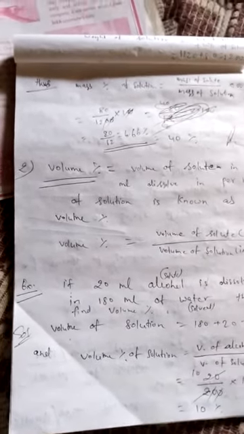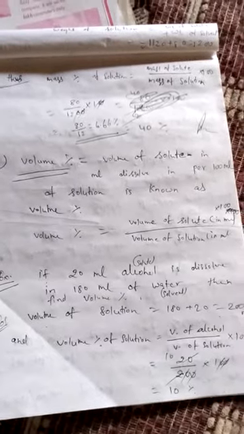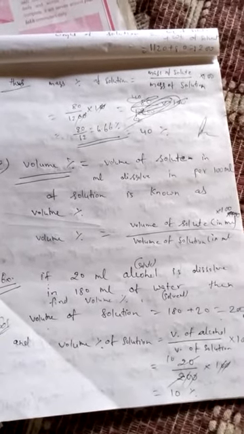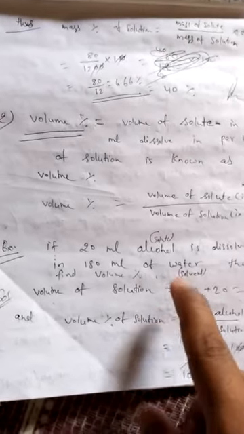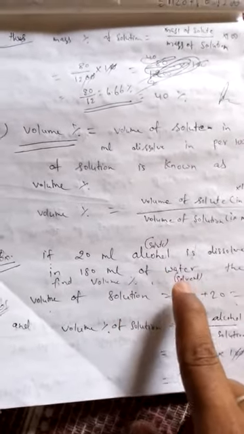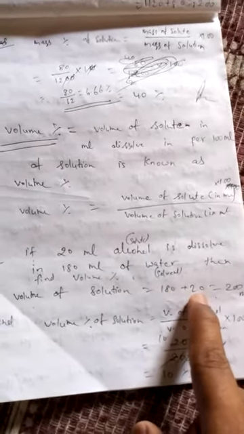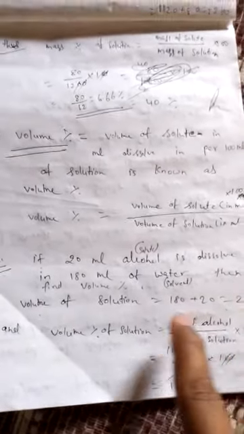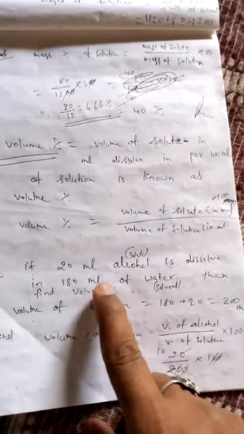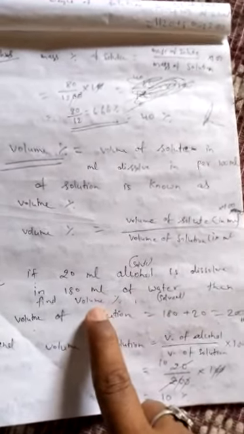Since the sum of solute and solvent is known as solution, the volume of solution is equal to the sum of volume of solute and volume of solvent, that is 180 plus 20 is equal to 200 ml. So volume of solution is 200 ml, volume of solute is 20 ml, and volume of solvent is 180 ml.